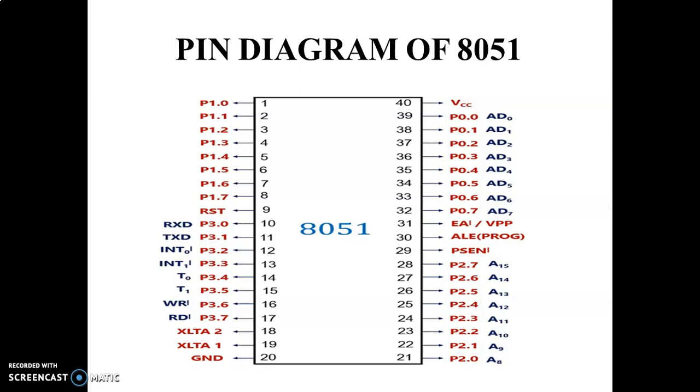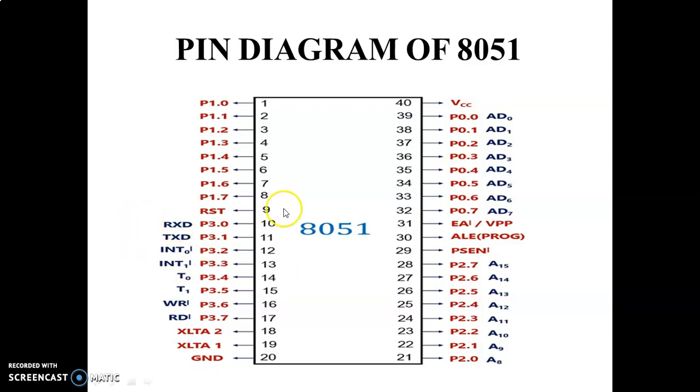Moving on to the pin diagram of 8051. This is the pin diagram, and the explanation is: pins 1 to 8 are known as port 1, and this port does not serve any other functions. It is an internally pulled up, bidirectional IO port.